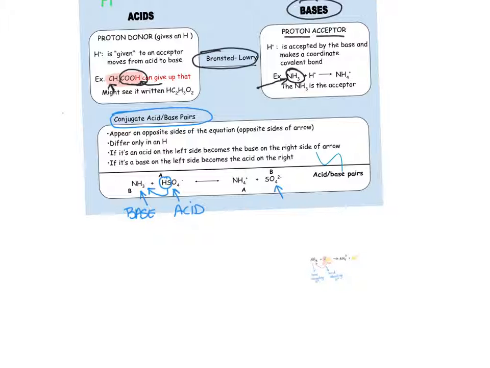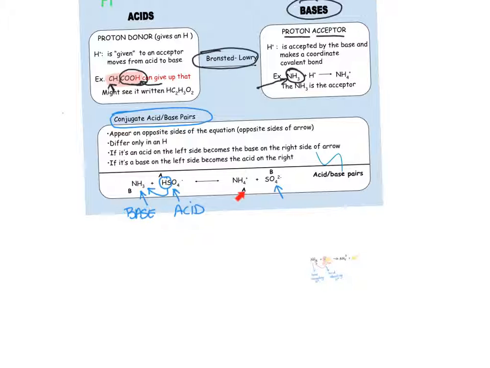Now in this type of acid-base reaction, we deal with something called conjugate acid-base pairs. In other words, if you have a base like ammonia, let's get a pointer so you can see what I'm talking about. If you have that ammonia, which is a base, when it accepted, over here the ammonium, because it became ammonium, right? It gained a hydrogen ion. That ammonium is acting like the acid.